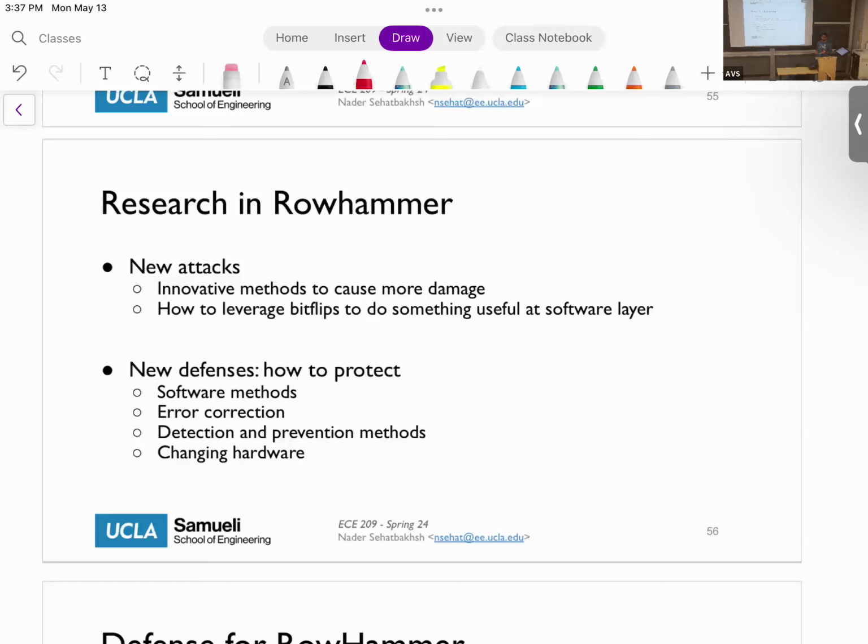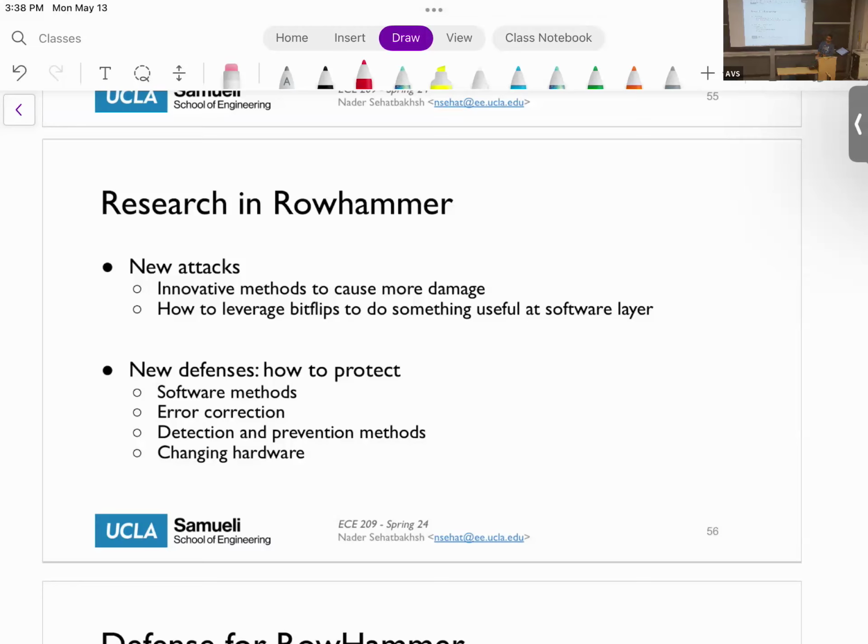There are error correction methods, so that even if some bits are flipped, we can still recover. There are prevention methods such as changing the hardware, refreshing faster, and so on. And there's also directly changing the hardware, like, for example, moving the rows after a while, or having some thresholding mechanisms, and so on and so forth.